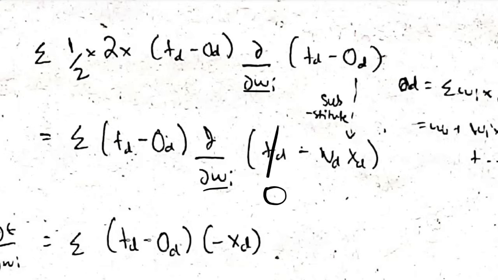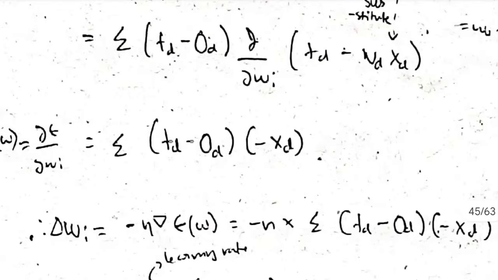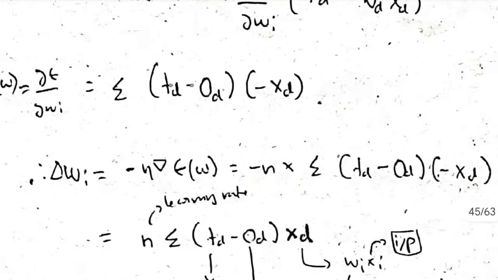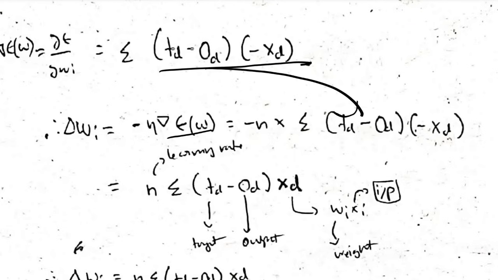The constant term becomes 0, and differentiating w with respect to w leaves the constant multiplier, so it is 0 minus xd, which is minus xd. That remains here. This is what you substitute in the place of delta E by delta w. In this formula, you substitute this point here, so it will look like this.